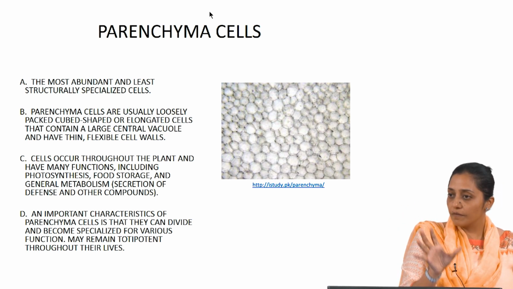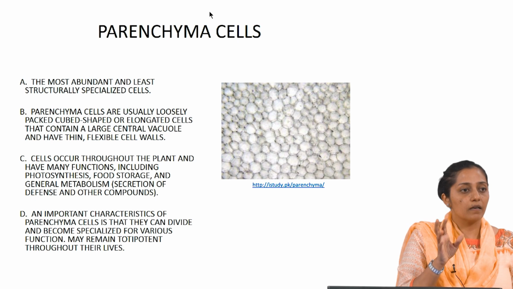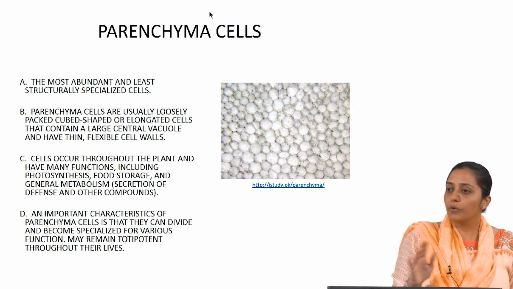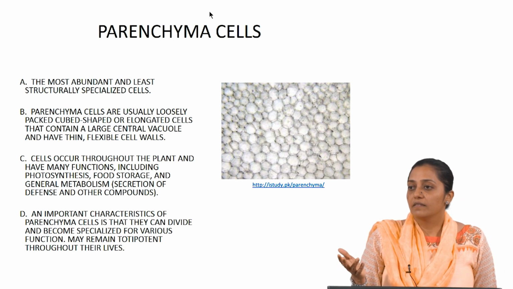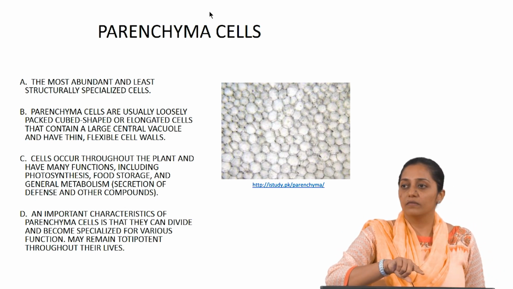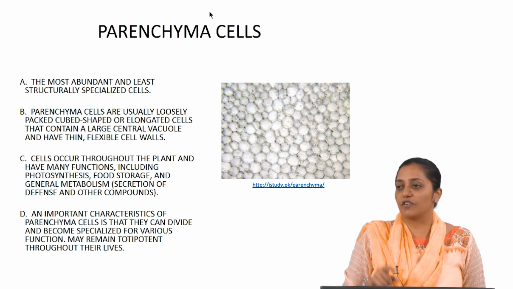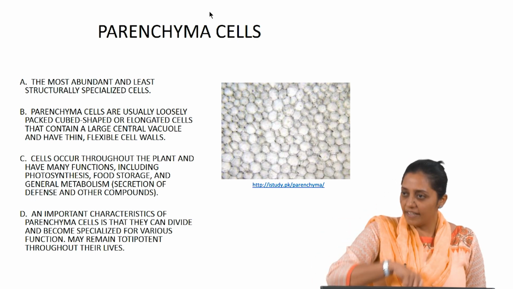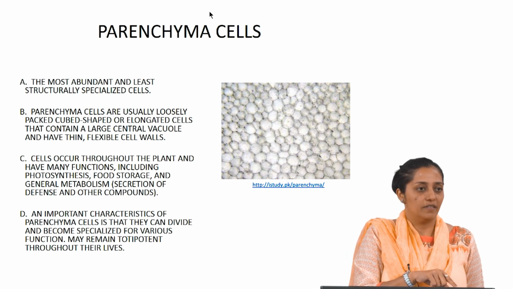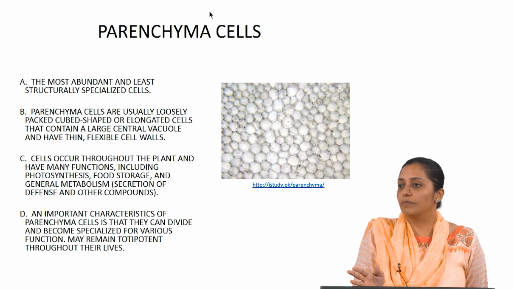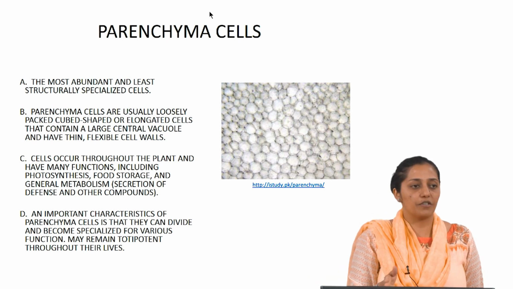For their entire life, they remain totipotent. Totipotent means they have the ability to organize themselves into a specialized function and again redivide and come back to the totipotent stage and again redirect their metabolism to carry out another specialized function.